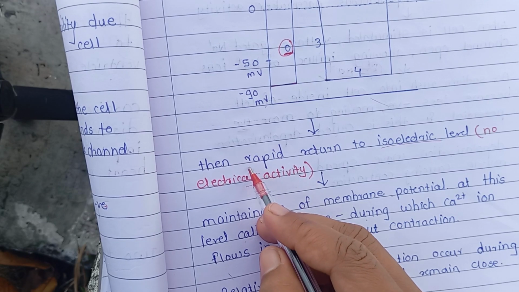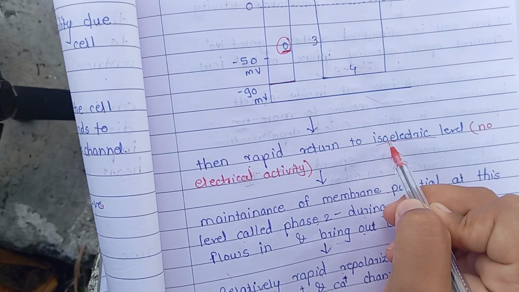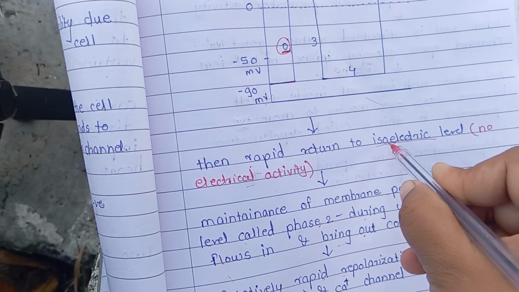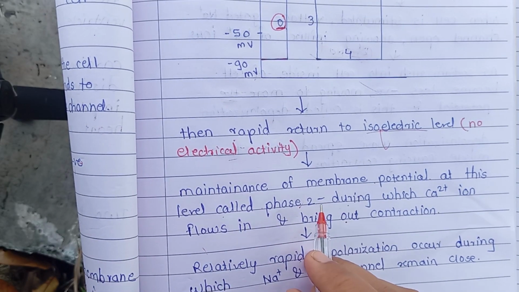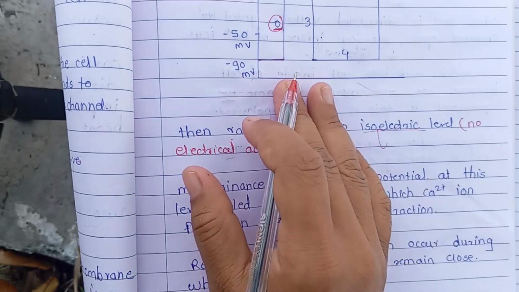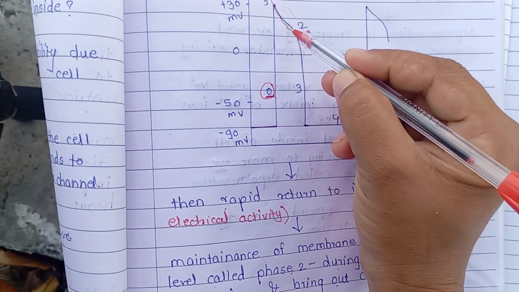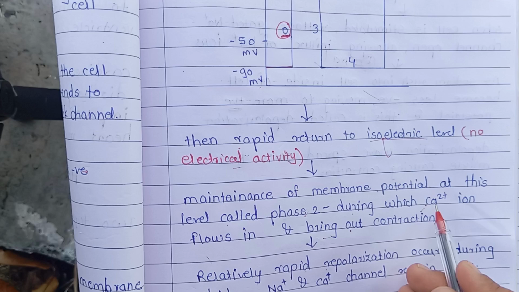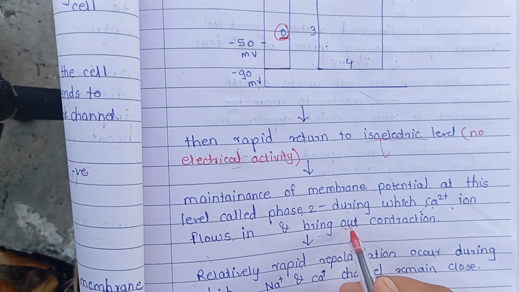Then, after phase zero, it rapidly returns to the isoelectric level, where no electrical activity occurs. Maintenance of the membrane potential at this level is called phase 2, maintenance of electrical potential, during which calcium ions flow in and bring about the contraction.